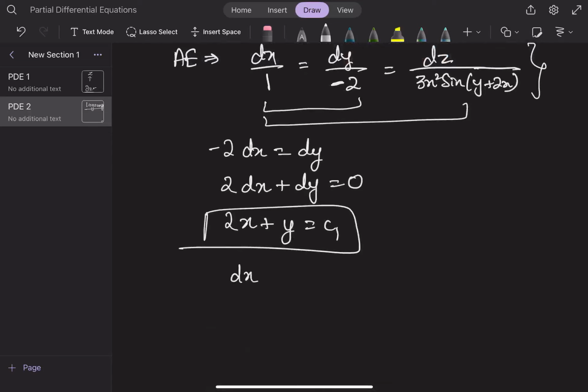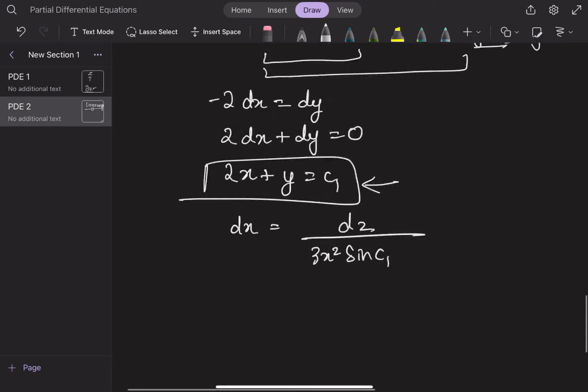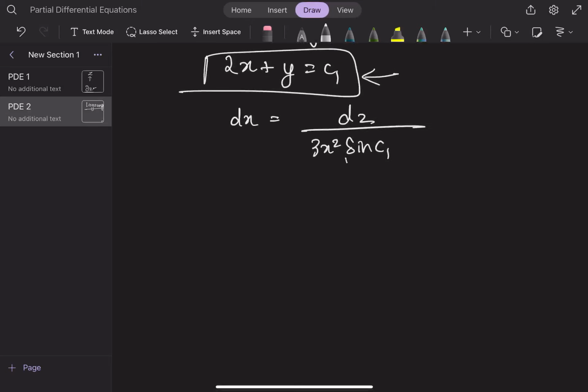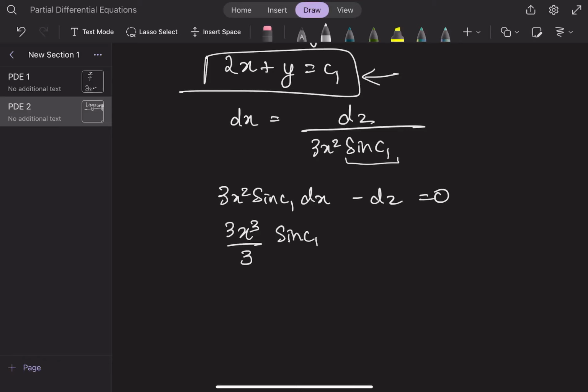So dx is equal to dz divided by 3x square sine of y plus 2x, which is already c1, so you can write it as c1. So this makes it easier for us because we can take this as a constant. So 3x square sine c1 dx minus dz is equal to 0. So let's integrate. 3x cubed by 3 sine c1 minus z is equal to c2.